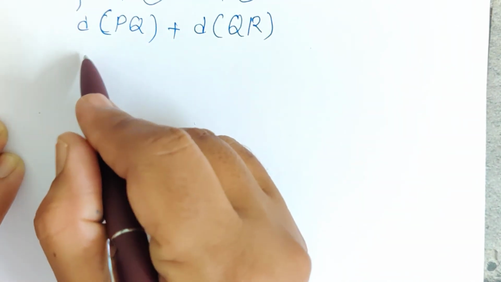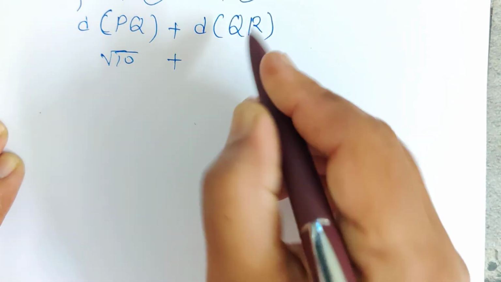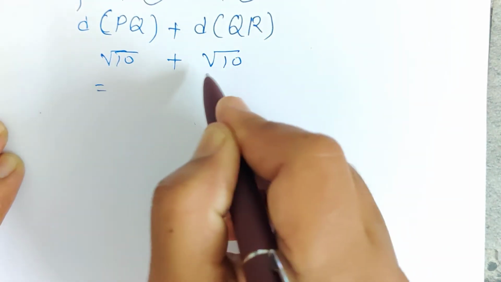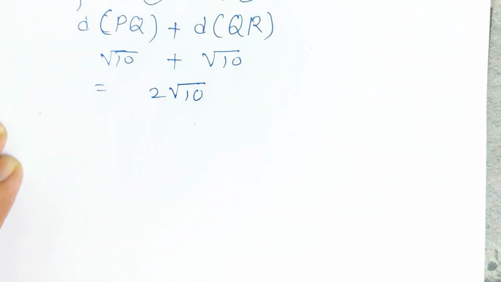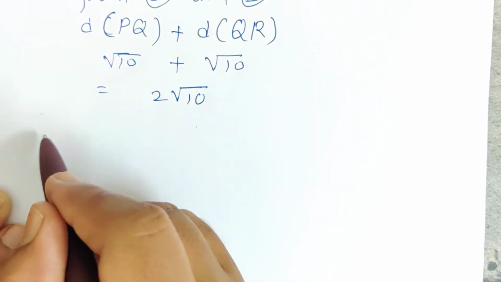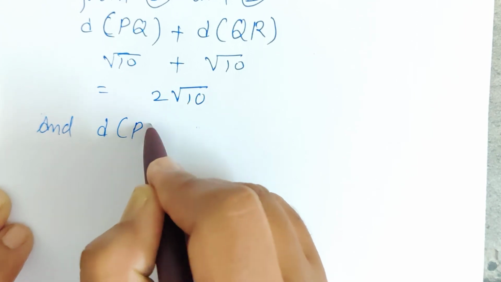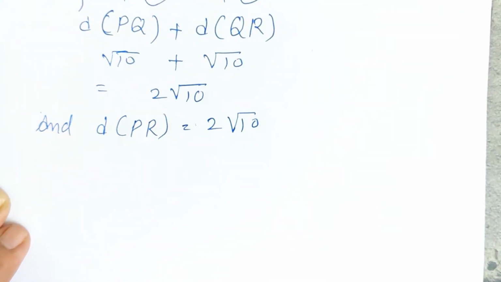So here distance of PQ is root 10 plus QR also root 10. So root 10 plus root 10 is equal to 2 root 10. And the third distance, that is PR, is also 2 root 10. And distance of PR is 2 root 10.